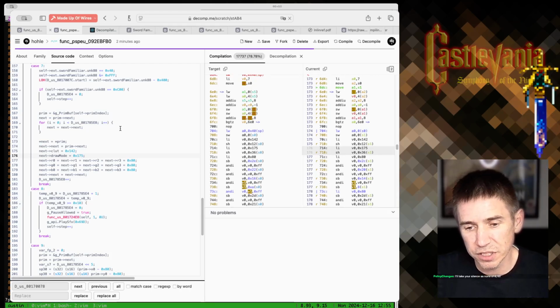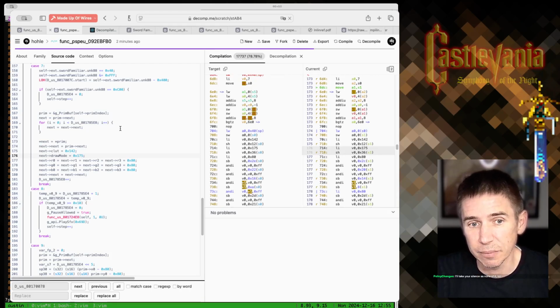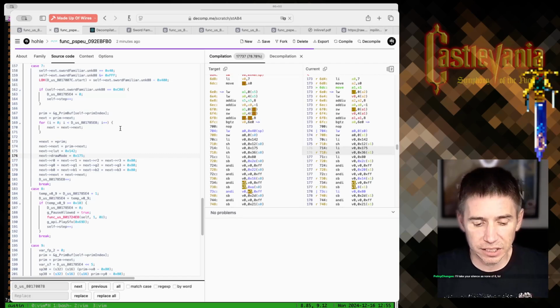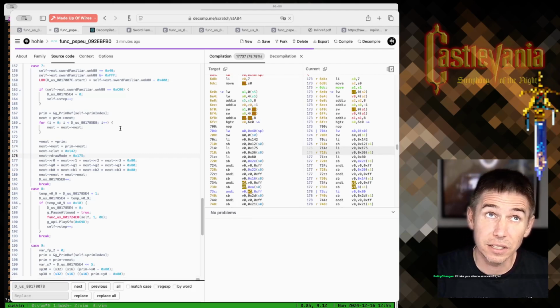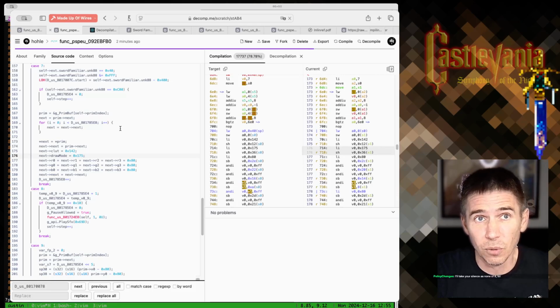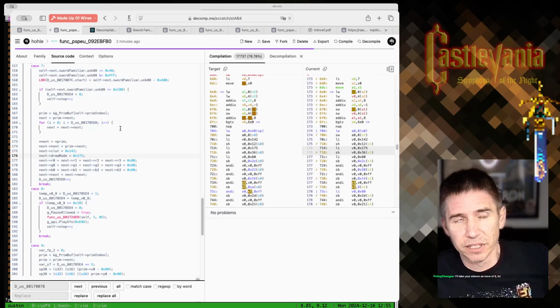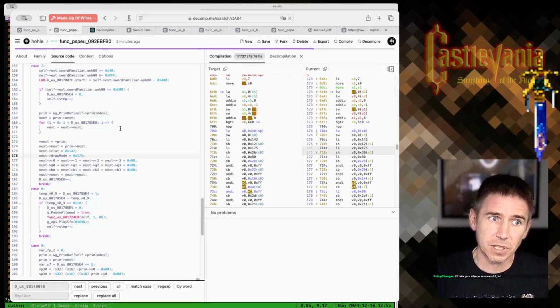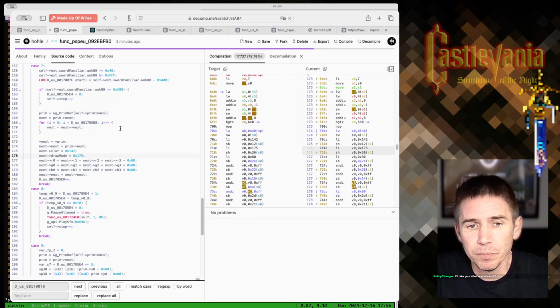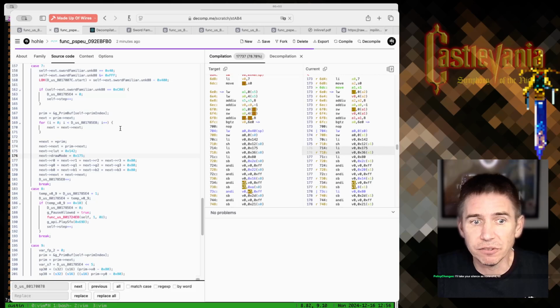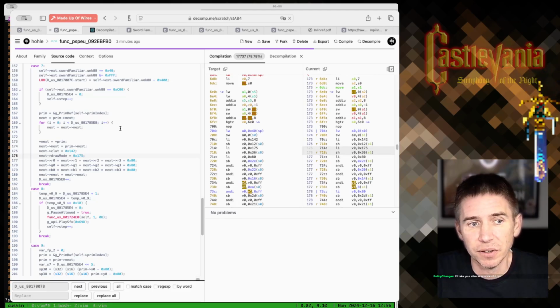There's portions of the SDK that get built in with the game, and they're shipped in the SLUS binary, whatever the product code is. That's like the entry point binary for the game, and that has the main function which gets executed.